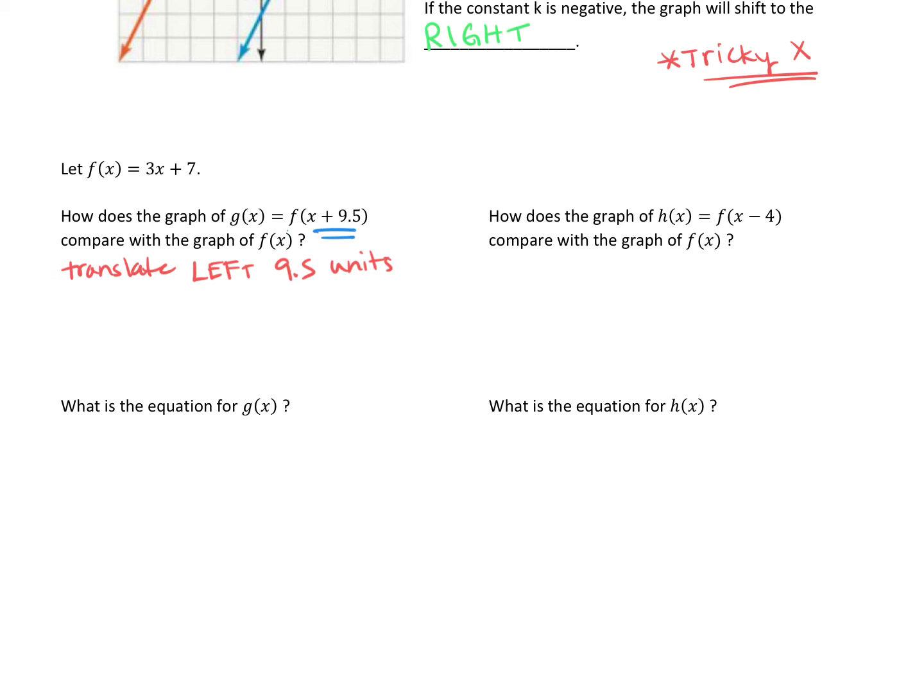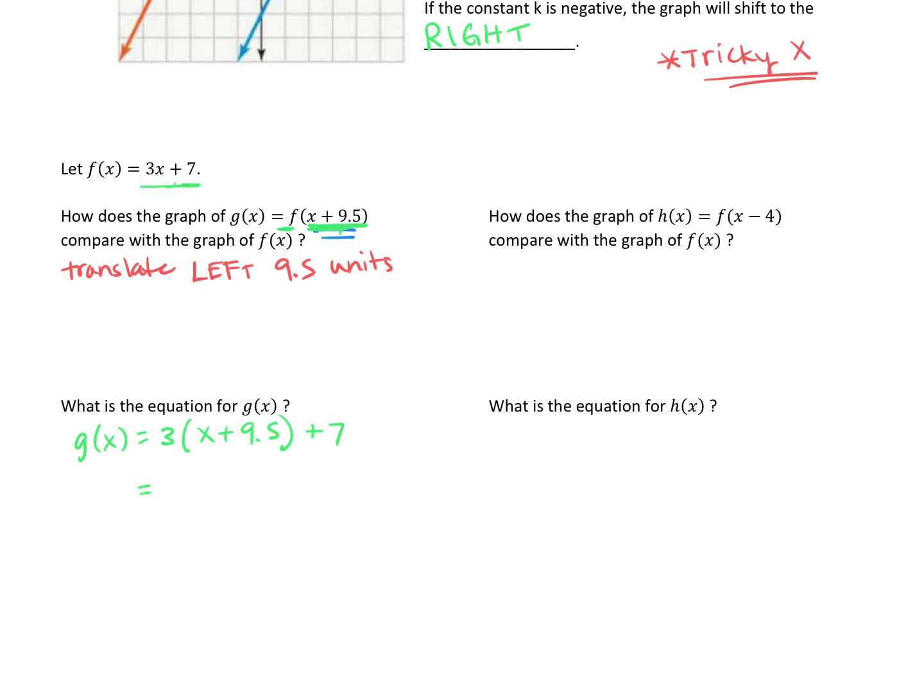We just take, let's see, g of x is equal to our f function, but anywhere that we see an x, we replace it with an x plus 9.5. So our f function is 3 times x, so I'm going to say 3 times x plus 9.5, and then we've got that plus 7 on the end. And then we'll just go ahead and simplify this.